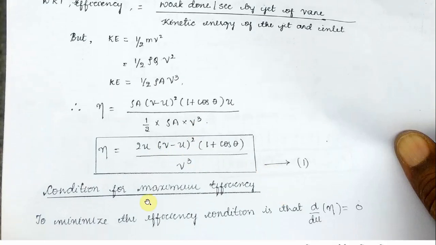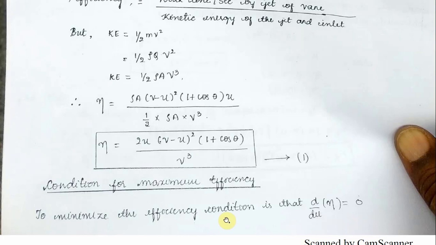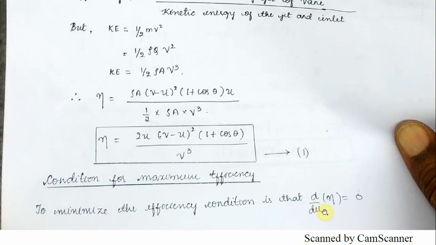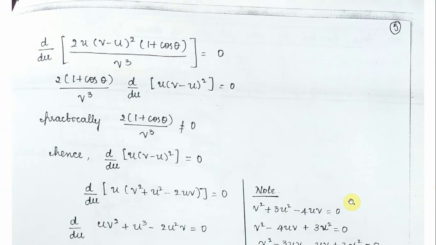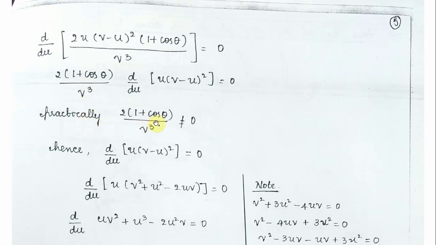Now the condition for maximum efficiency: to maximize the efficiency, the condition is that d(eta)/dU = 0. Differentiating, d/dU of [2U (V minus U) whole squared (1 plus cos theta) / V cubed] = 0. For simplification, 2(1 plus cos theta)/V cubed is not equal to 0.